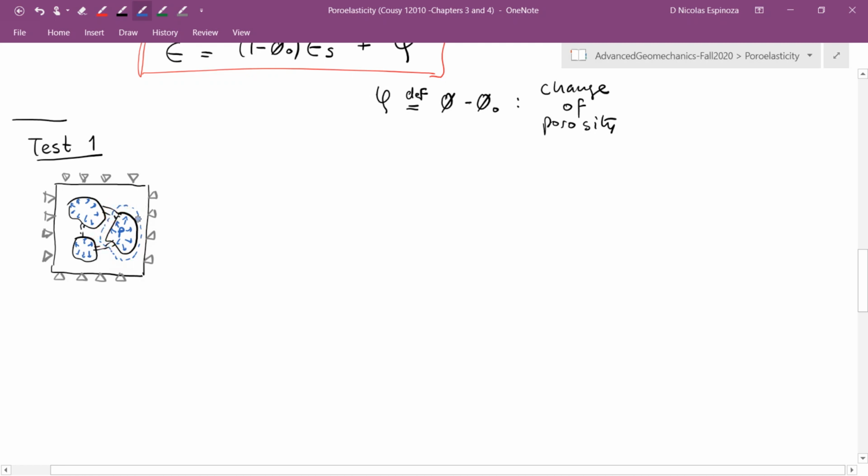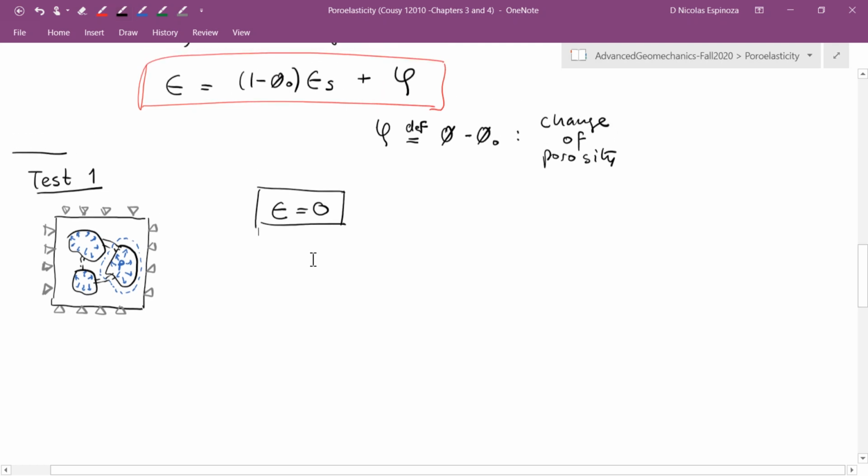Because this is a deformable solid and the pore size is going to increase. However, because I have fixed all the conditions around the porous solid, the bulk volumetric strain of the porous solid is going to be equal to 0. That's because I'm setting these boundary conditions. And if this is true, the equation above becomes the following: 0 bulk volumetric strain is equal to 1 minus the initial porosity, times the volumetric strain of the solid part, plus the change of porosity.